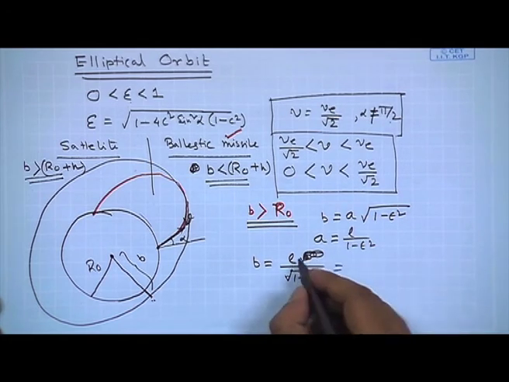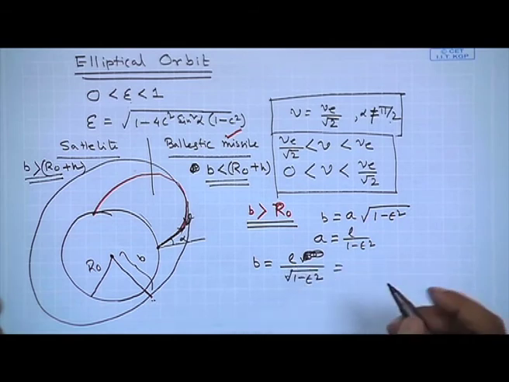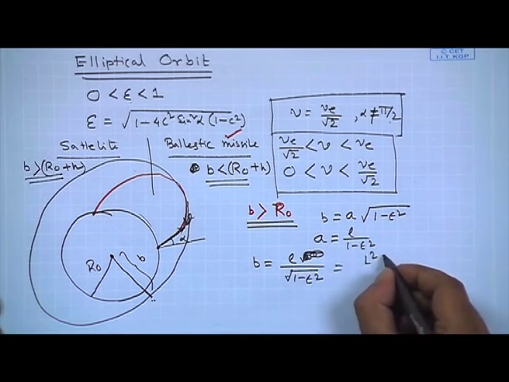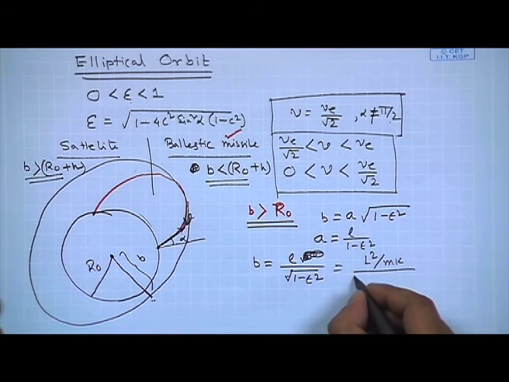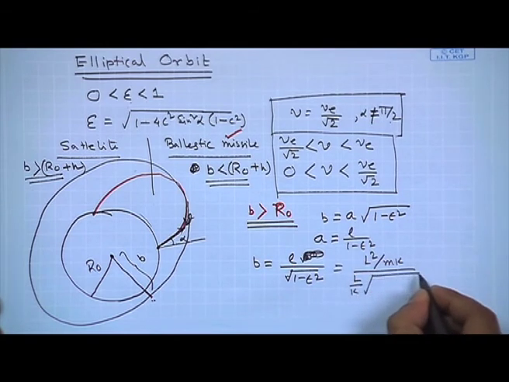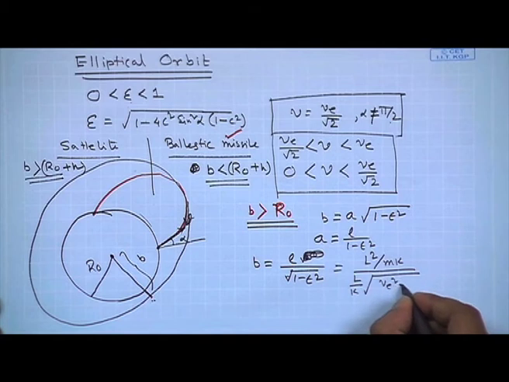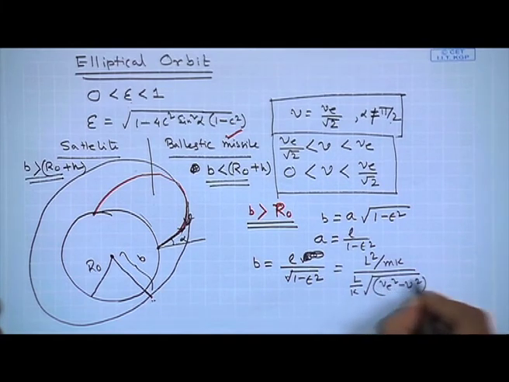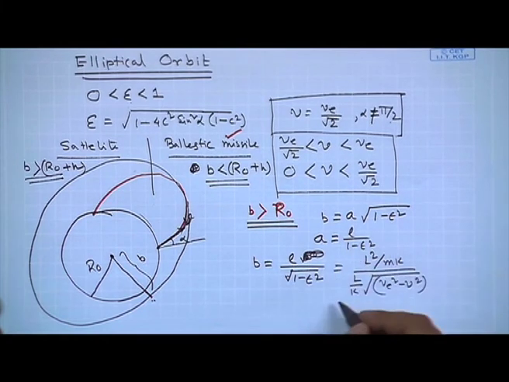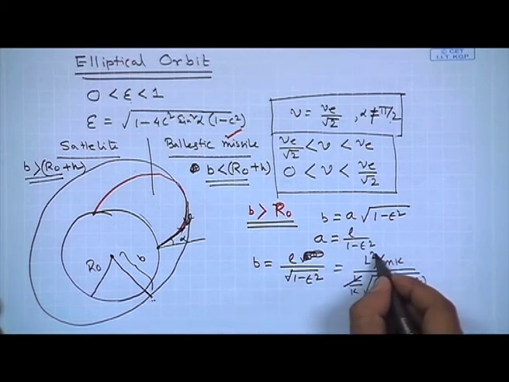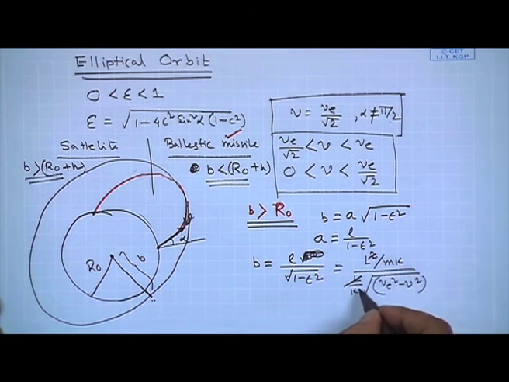Now, if we substitute the values for l and epsilon, we see it is l square by m k divided by l by k root over ve square minus v square. So, we just have to go back to the definition of epsilon and substitute this here. If we do that and do this reduction at the end, this k will cancel out.